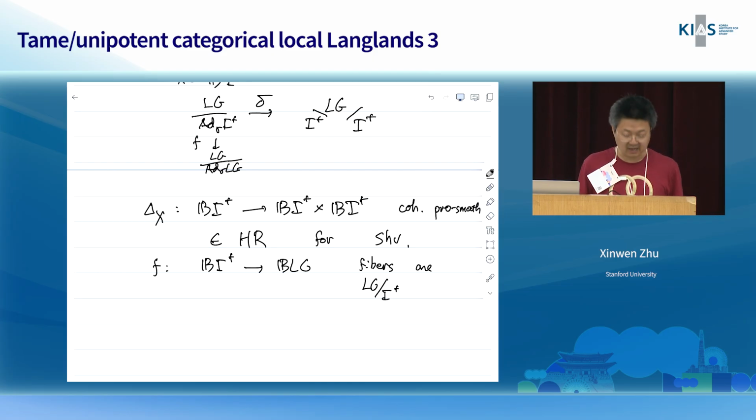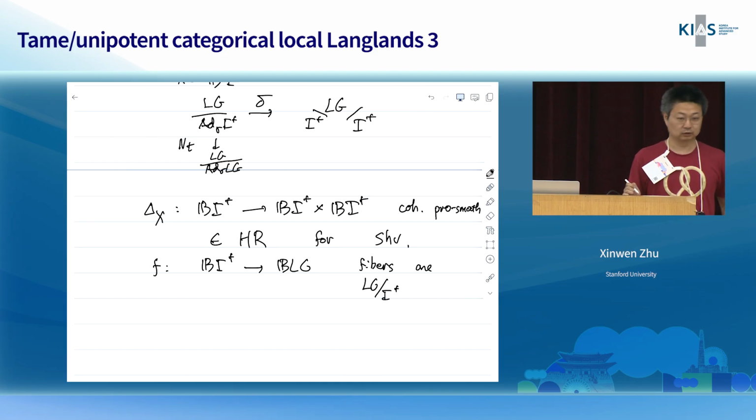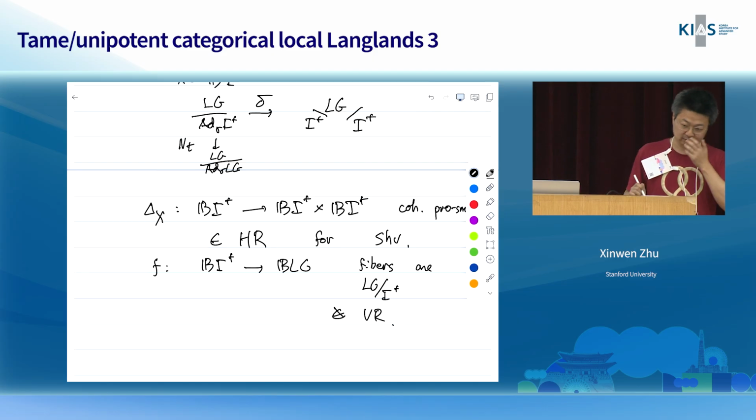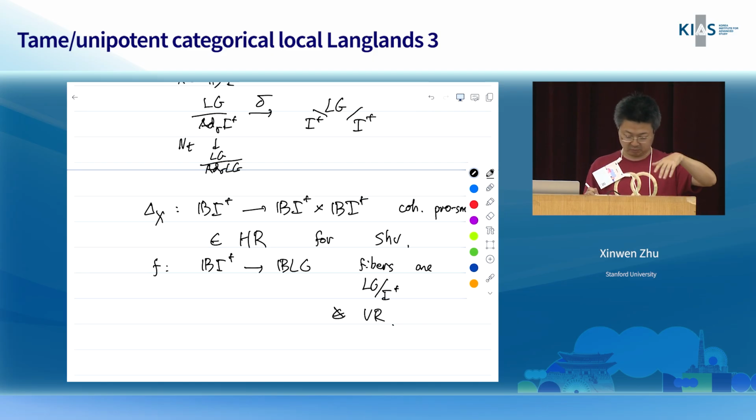If I just do BI, the classifying stack of Iwahori, to B of LG, the fibers are the affine flag variety, which is improper.